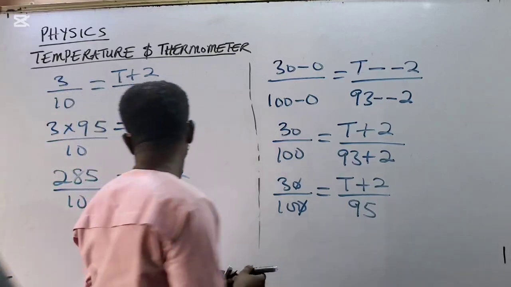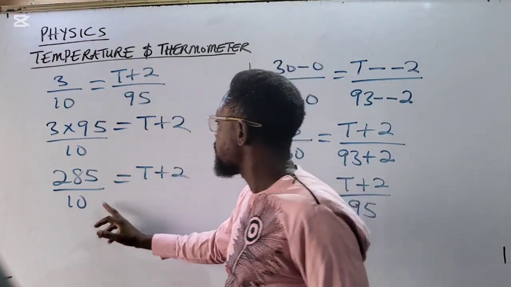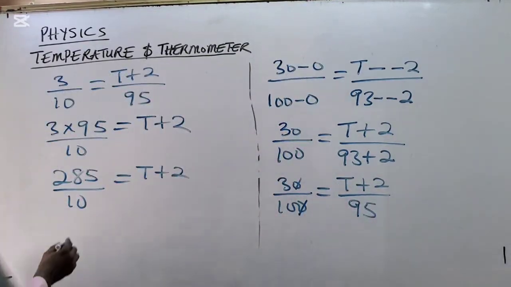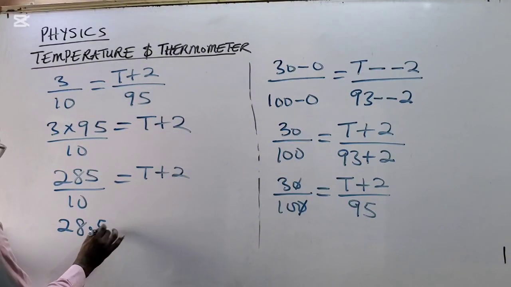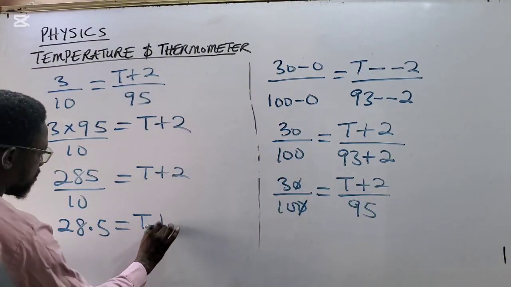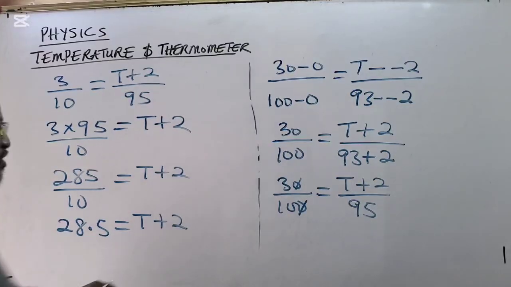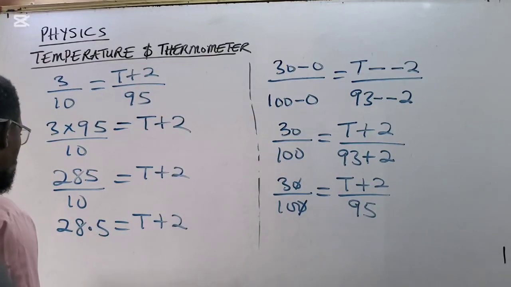Okay. So now the next thing I'll do is divide this one. To divide this, you get 28.5 equals t plus 2.